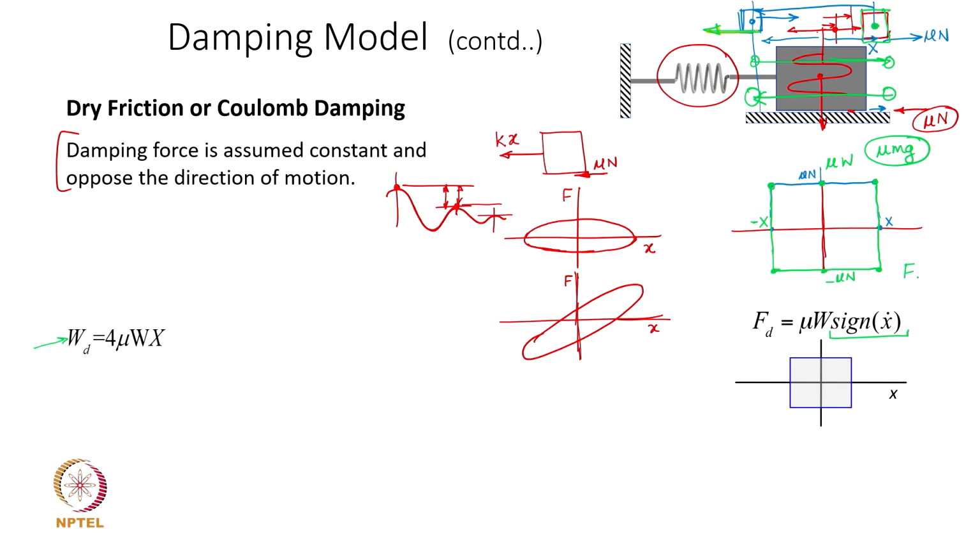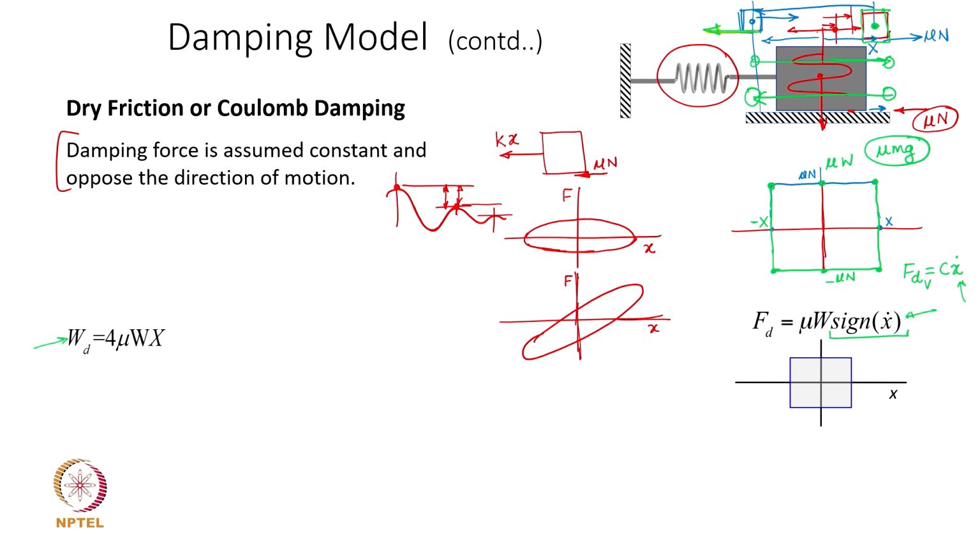When we wrote the expression for the viscous damping case, it was simply C x dot, so the direction was taken care of by the instantaneous direction of x dot. But here the dissipating force is written as mu W sgn(x dot). Why x dot, we will discuss a little later. Hang on for a while, we are going to discuss why this signum function has x dot and not x. Anyway, this is the expression of the energy dissipated in a cycle for a Coulomb damping.